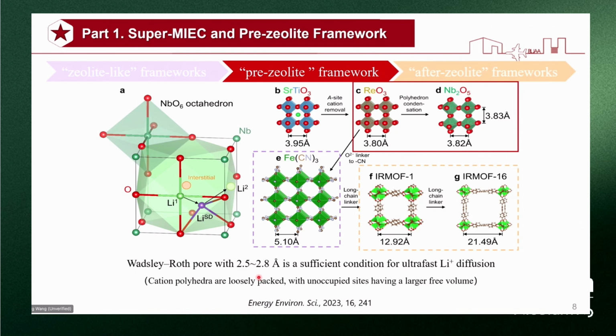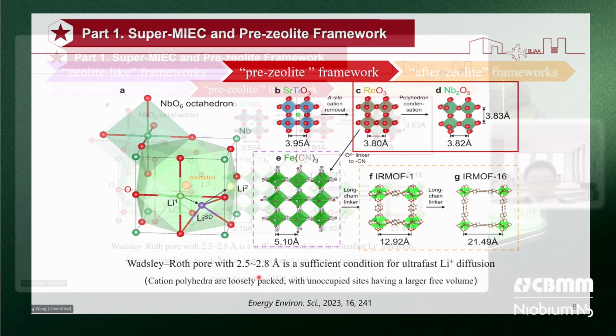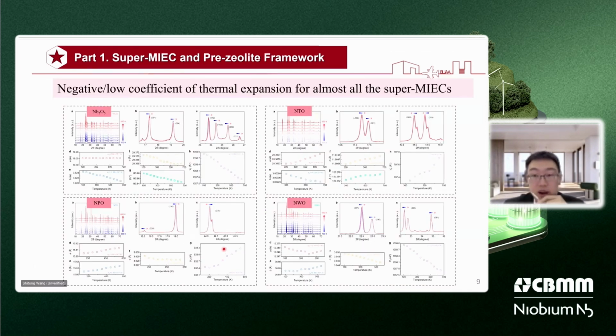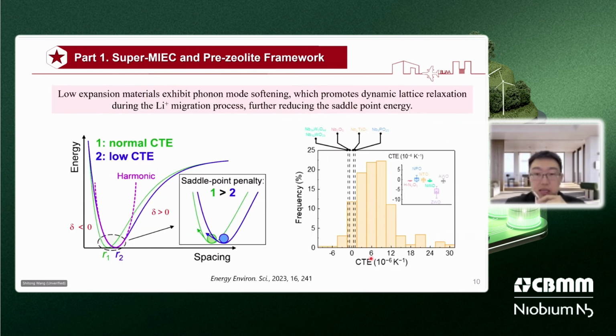So I'm mainly interested in the multivalent transition metal containing perzeolite-like frameworks, and will show that all the frameworks, if electronically conductive, are generally all supermixed conductors. And to our surprise, almost all the supermixed conductors illustrate negative or low thermal expansion with increasing temperature.